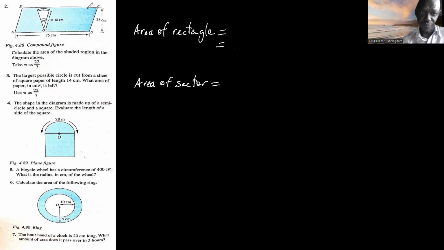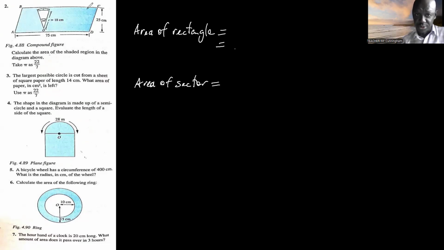I just want to know, Ezekiel, what you had for the area of your rectangle? Ezekiel, you could actually say it. What was the area of your rectangle, Ezekiel? Open your mic. What was the area of your rectangle? 1,870.29.